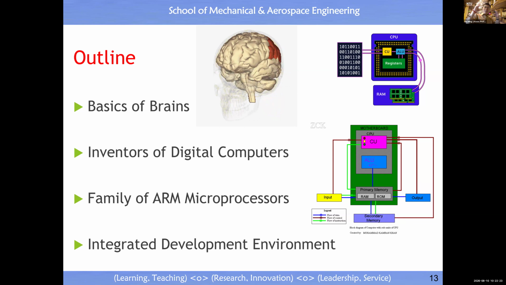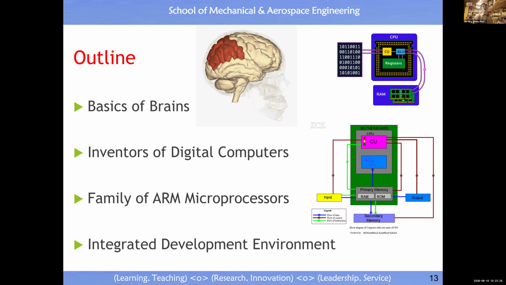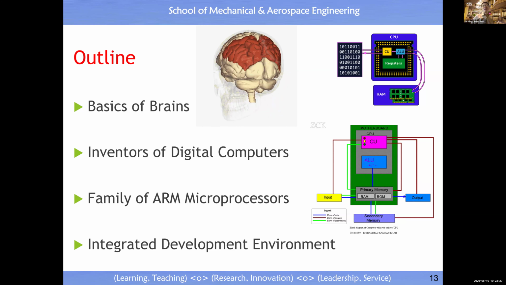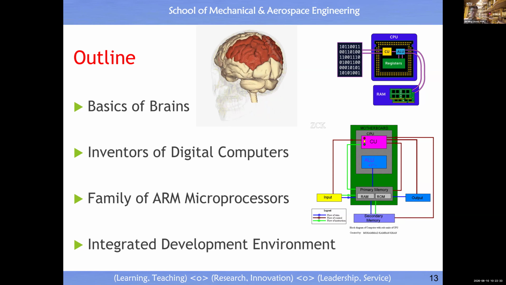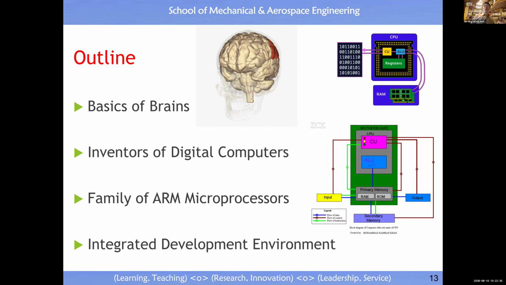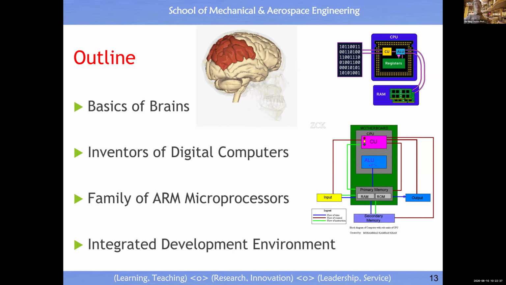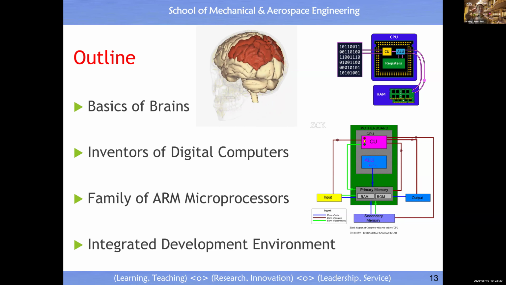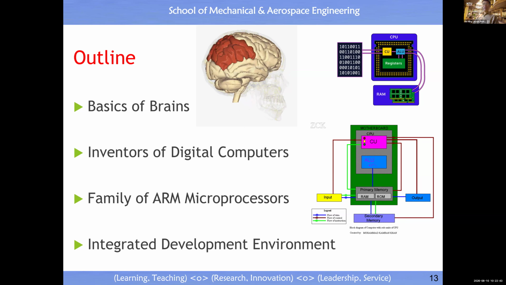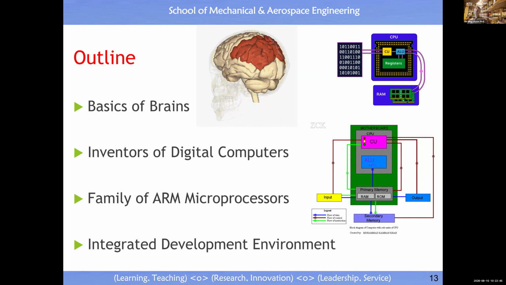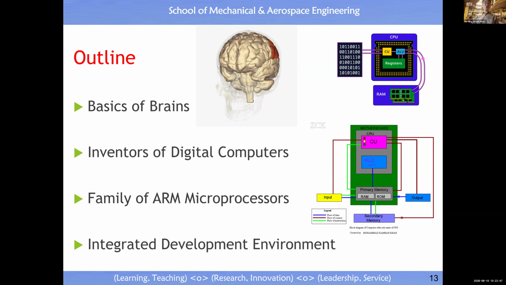And for this course, we use the ARM Cortex microcontroller as an example. Now you see this ARM. ARM basically is a trademark of a company called ARM. It's like the Intel processor, or the Motorola microcontroller, something like that.